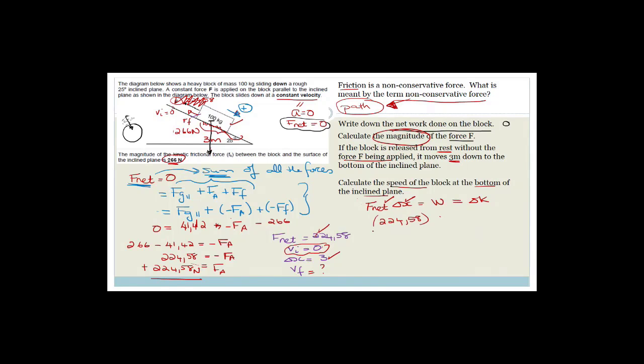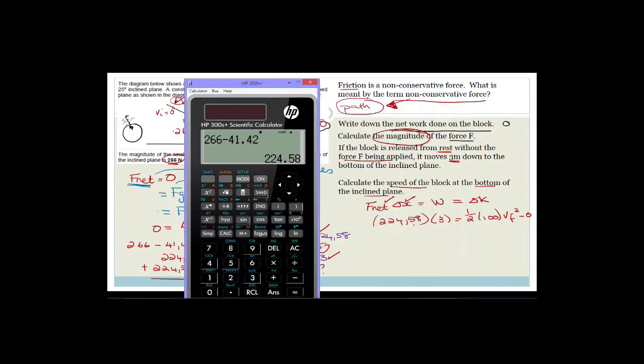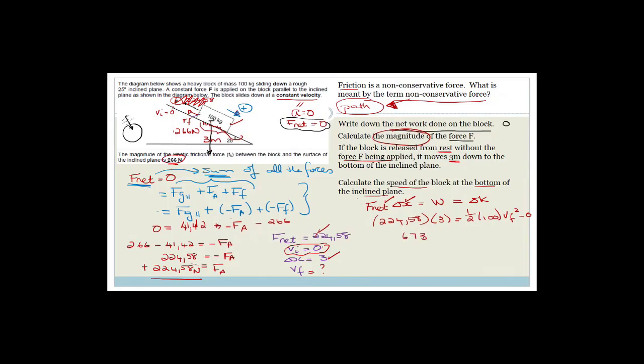So we can say 224.58 times 3 is equal to half times the mass of 100 times Vf squared minus 0, because initial velocity is 0. So we pop this in our calculator: 224.58 multiplied by 3 equals 673.74. 673.74 is equal to 50 Vf squared.